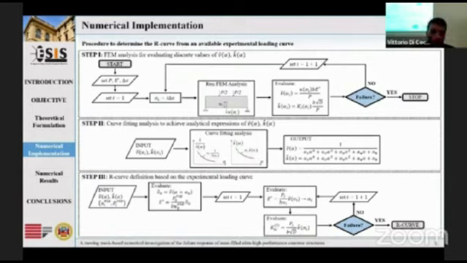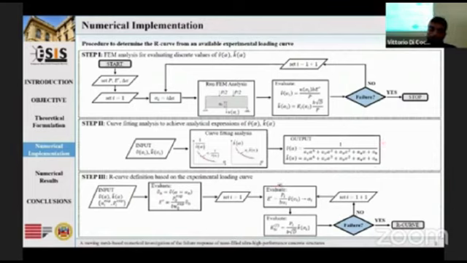The second step performs a curve fitting analysis to obtain a surrogate analytical model in terms of closed form expressions of V and K. The third step performs three further sub-steps using the obtained analytical expressions.